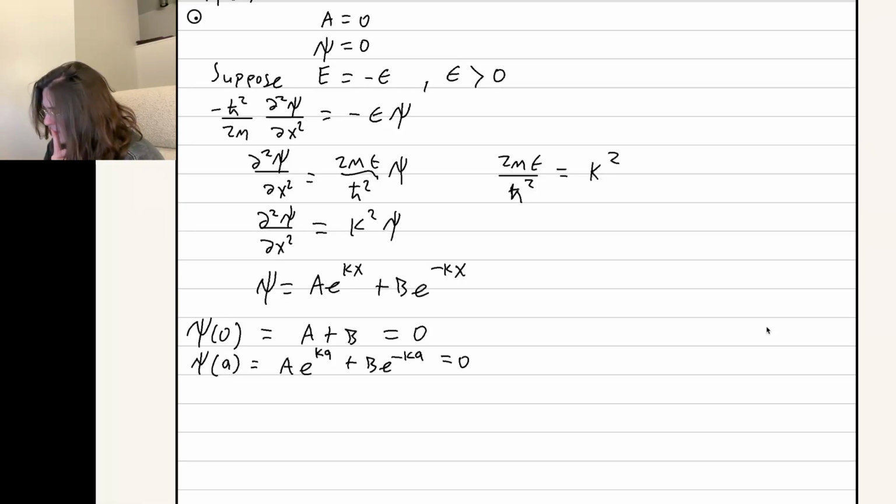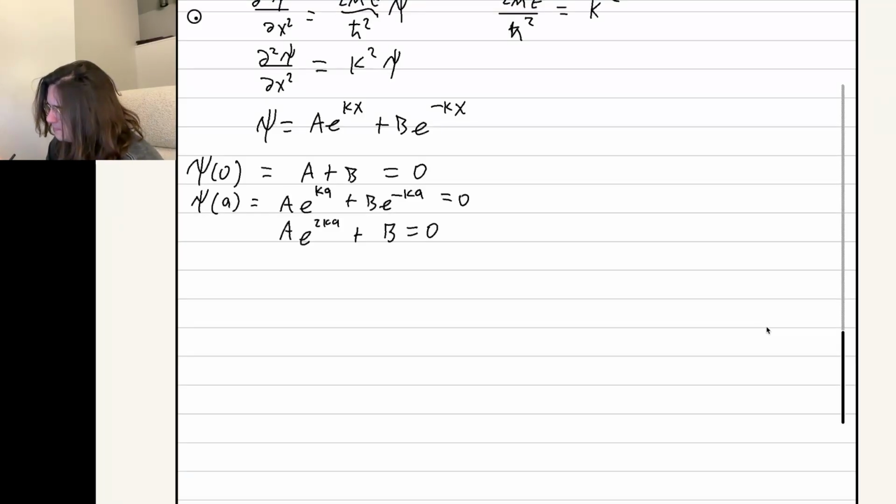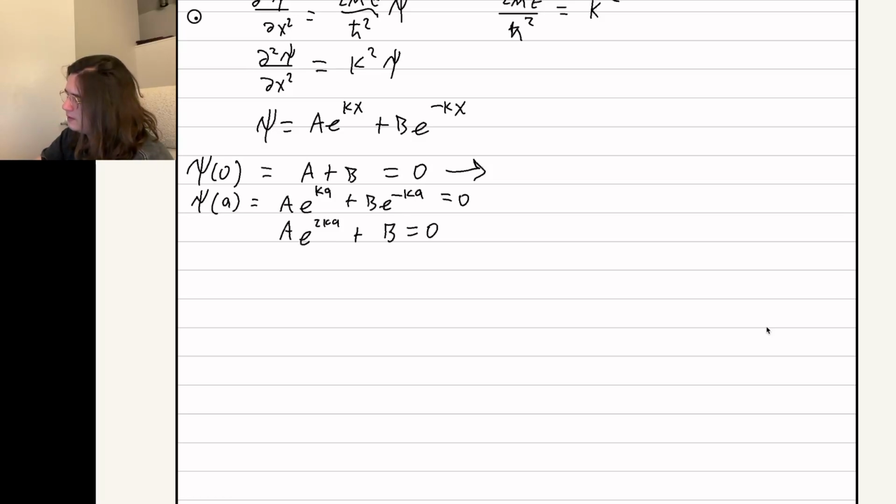For this equation, I'm going to multiply both sides by a factor of e to the ka, so we'll have a e to the 2ka plus b, and this whole thing is equal to 0. And then we can use the first equation that we got from the first boundary condition to say that b is equal to minus a.